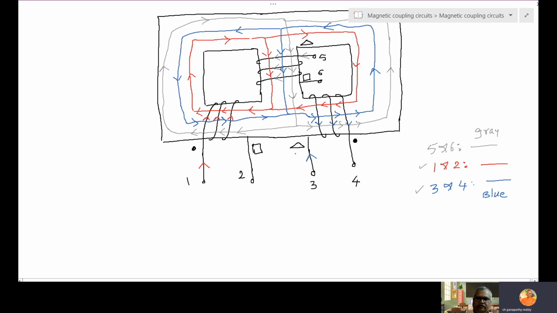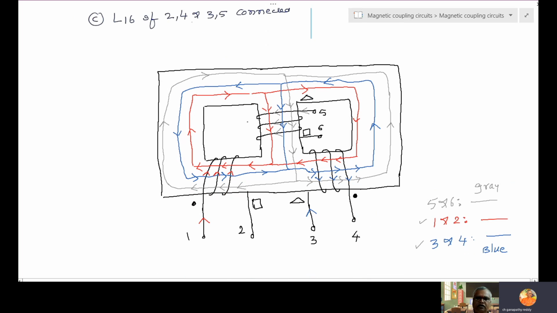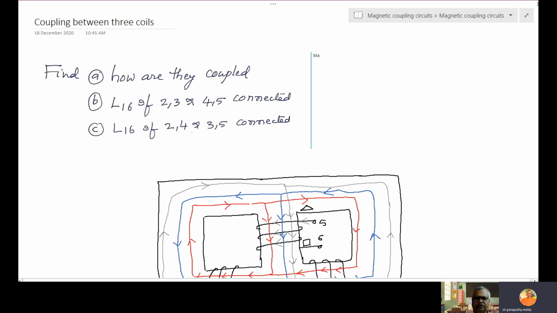So the dot, triangle and square are used. Now I have answered the first bit: how they are coupled. Coupling is indicated with the dot, triangle and square. This is the part A concept.